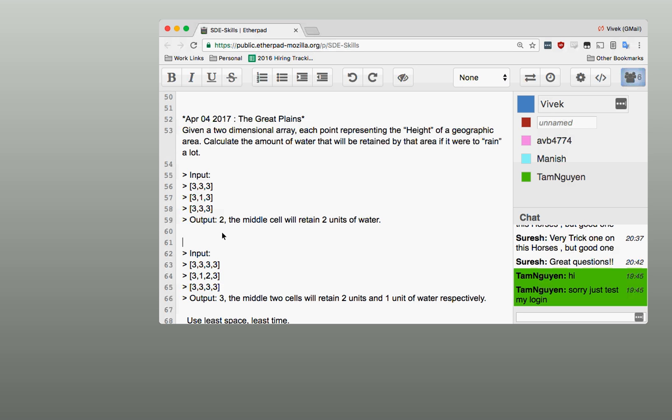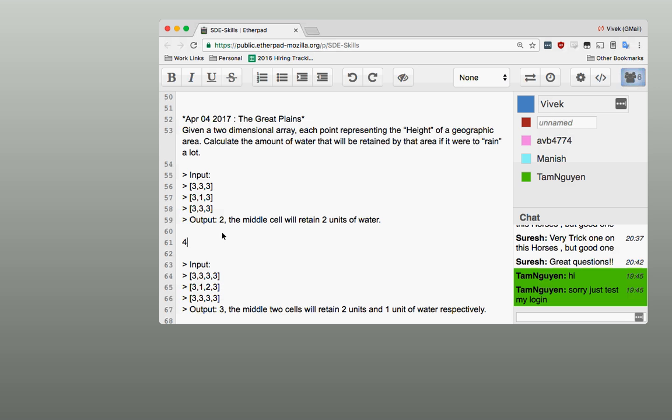Go on, Tarun. Okay, so what I did was I created 4 arrays. For example, in this case we have a 3 by 3 array and one in the middle. In the first case, I took the first column and subtracted it from the rest of the columns.